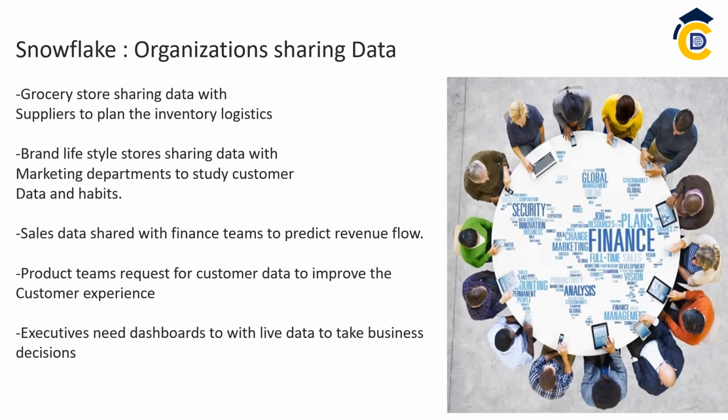The supplier is not necessarily related to that grocery organization. For example, Walmart can hire some other third party supplier to provide the products or grocery items to their stores. So it could be entirely outsourced.